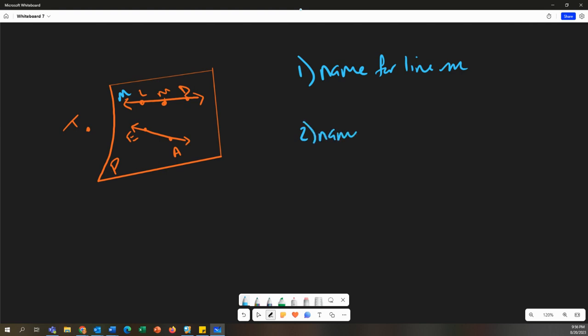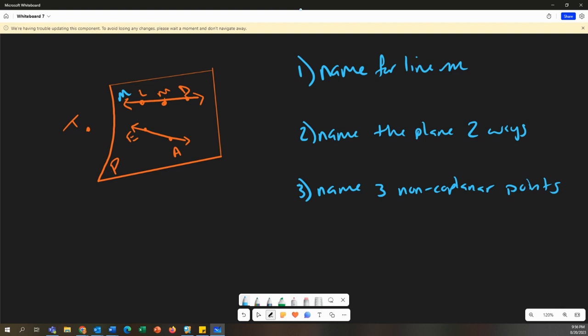Name the plane two ways. Name three non-coplanar points.